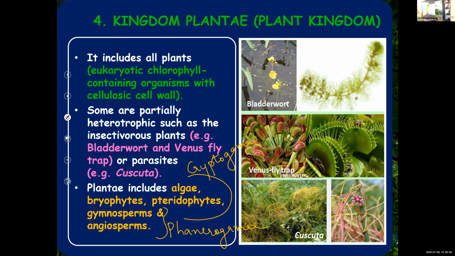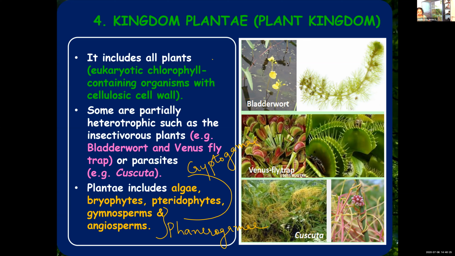We will be continuing in the next class. So just repeating the points. The plant kingdom includes all the plants, and they are eukaryotic. They have a well-defined nucleus with a proper nuclear membrane. They contain chlorophyll, carry out photosynthesis, and have a cell wall made up of cellulose.